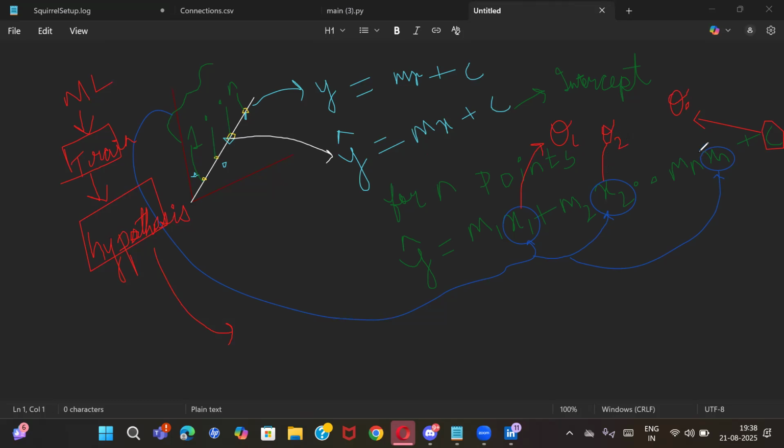And what is this? This is my theta n, right? This is my theta n. So, and instead of y, what will I write? Instead of y, I will write h of theta.